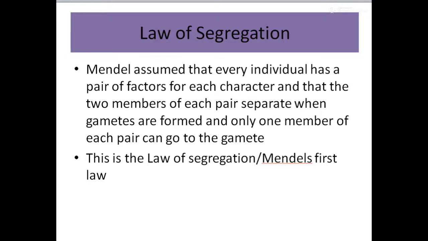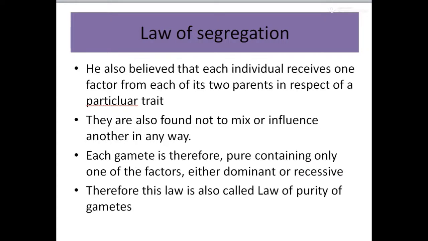That's what he mentioned: at the time of gamete formation, the alleles of a particular factor get segregated or separated, and go to different gametes. So this is the law of segregation, also known as Mendel's first law, and you can see that this law is also considered the law of purity of gametes.